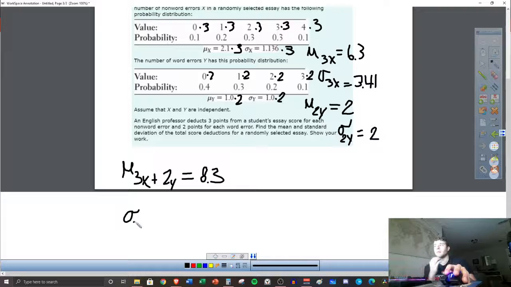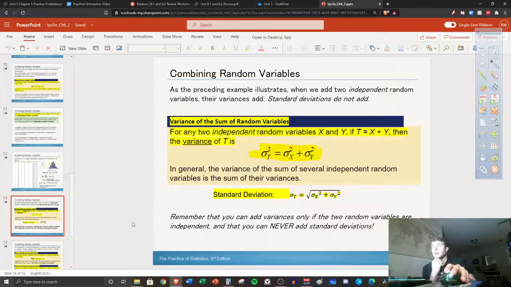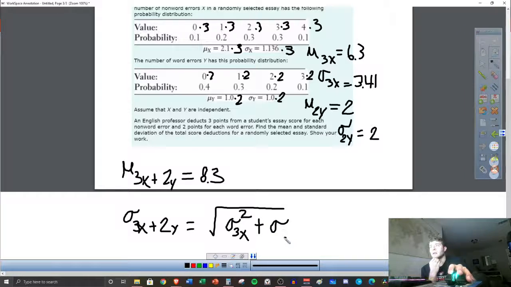So let's look at the sigma formula. We're going to do sigma of 3x plus 2y. So let's go back to our formulas here. Let's go back to our notes. We have this formula, the variance, well, not the variance, we want the sum of random variables, the standard deviation. This is the formula we want. It's going to equal the square root of sigma of 3x squared plus sigma of 2y squared. That's what we should be using here.